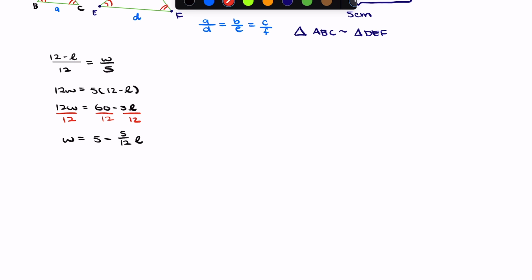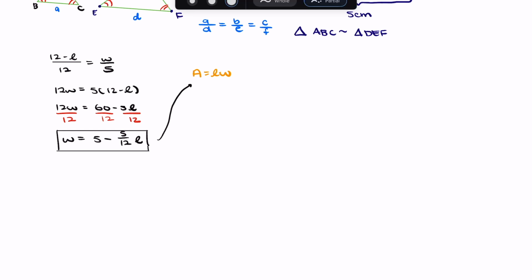And here we know that, again, our area is equal to length times width. And so let's sub the width that we just found back into our formula.